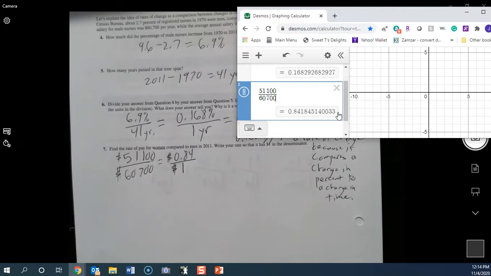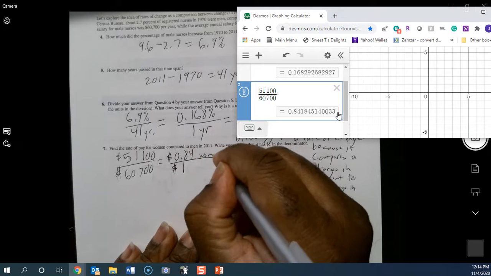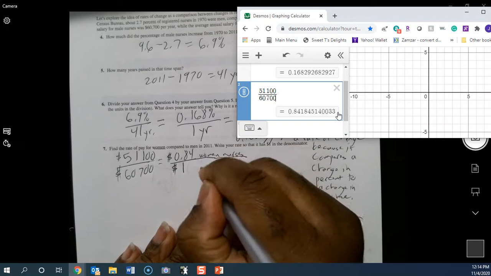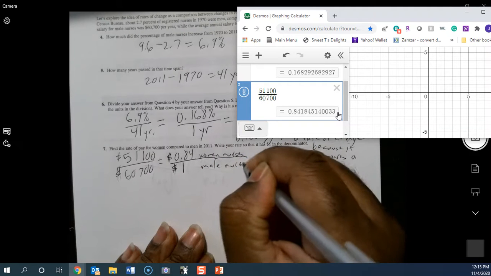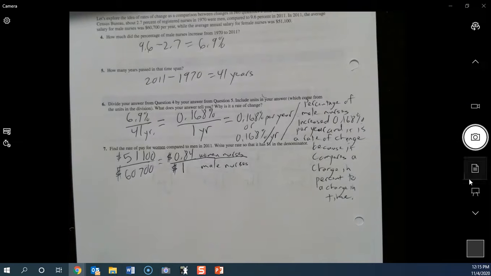So basically, women nurses is 84 cents versus $1 for male nurses. So basically, for every 84 cents that women make, the male nurse makes $1. So that's about a 16% difference.